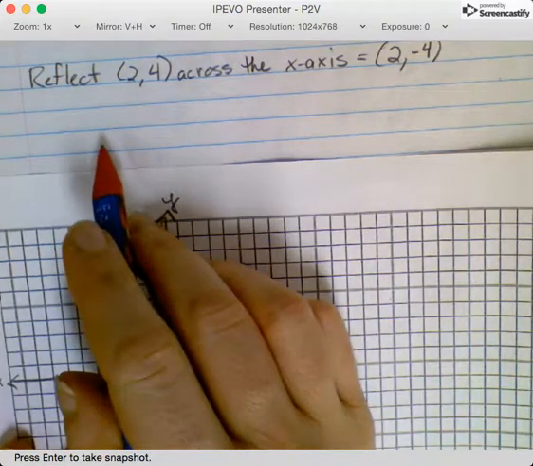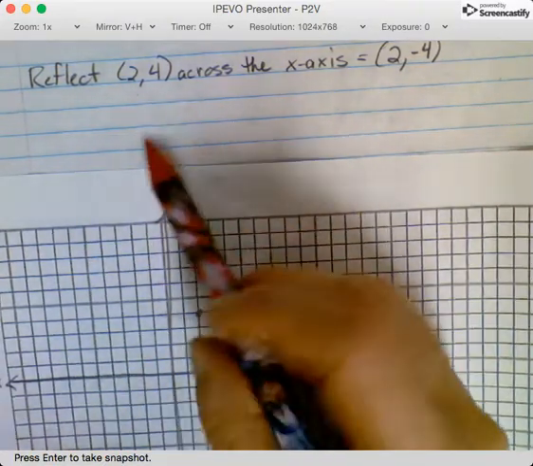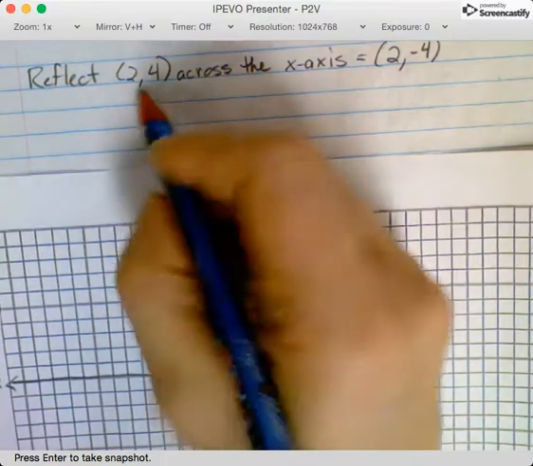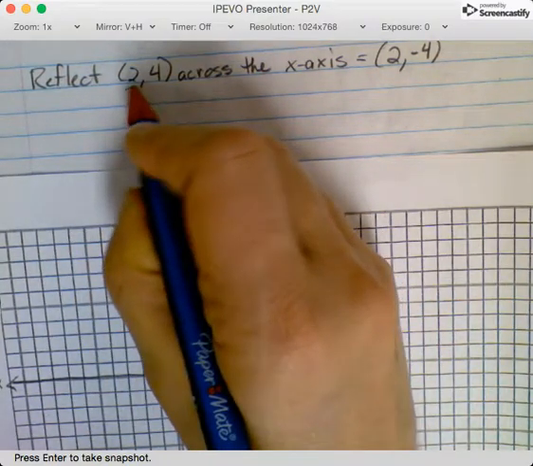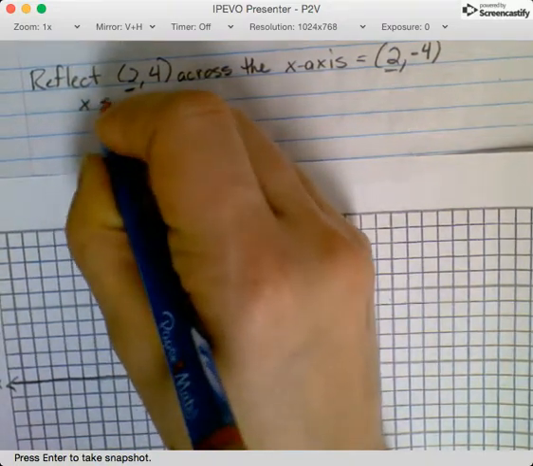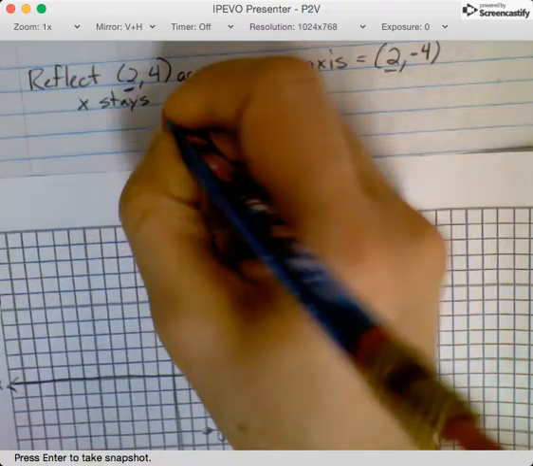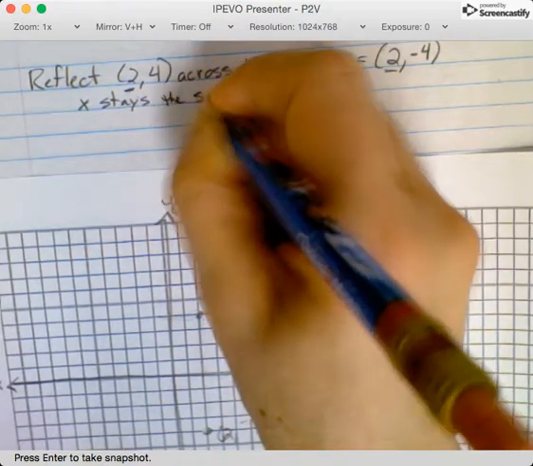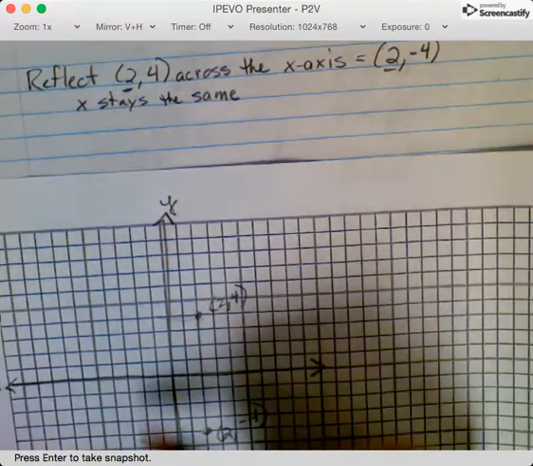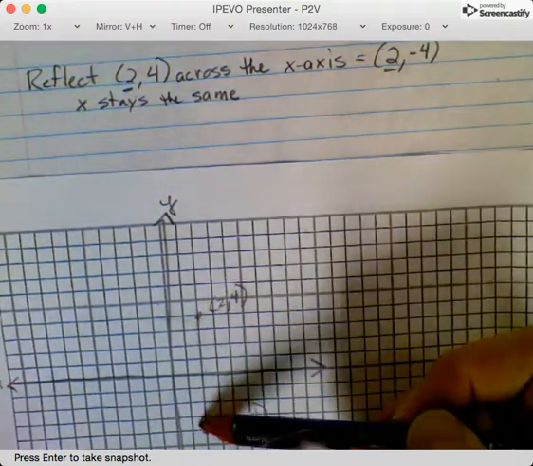And one thing that I want to point out, and I'll talk about this more when we do this without the grid, but if it's across the x-axis, that means the x, or the first number, stays the same. Okay, and we just proved that because we went across this and we showed it on our grid.